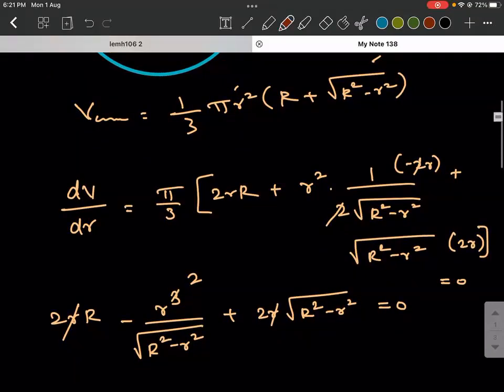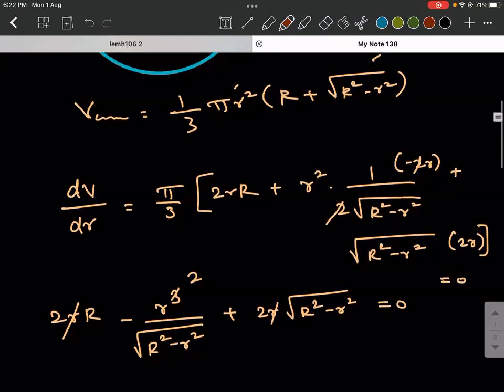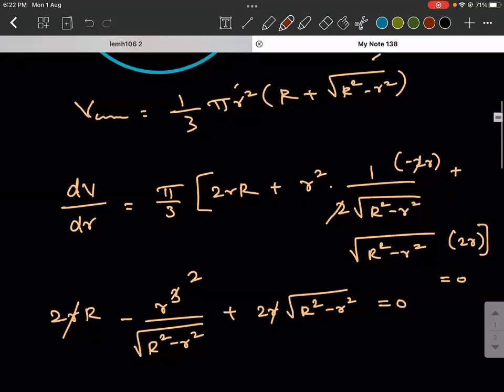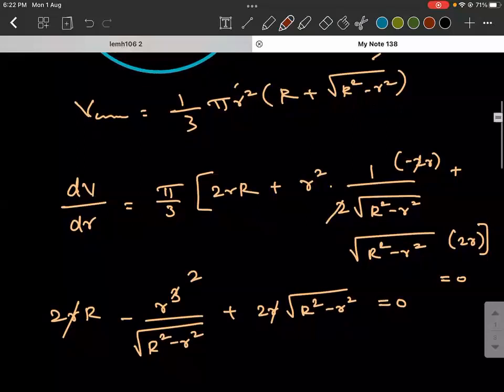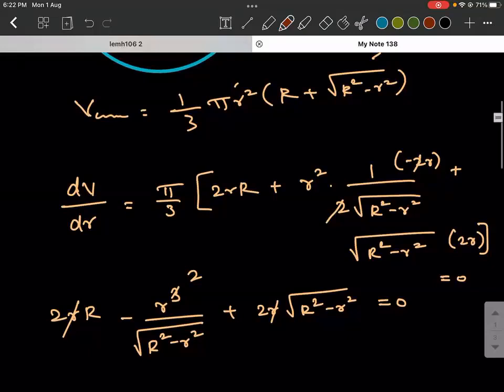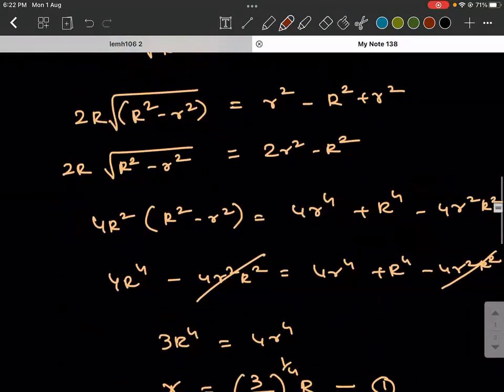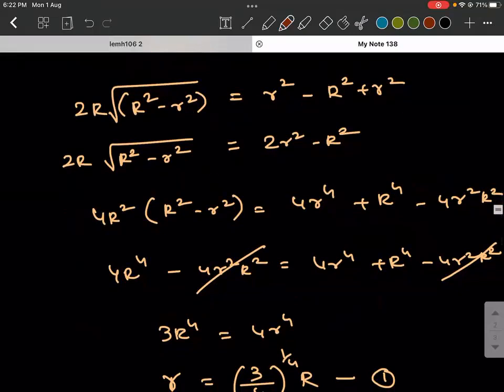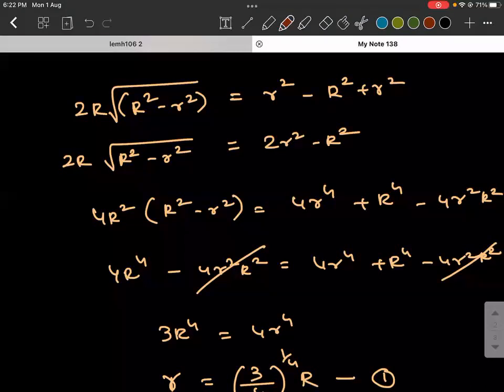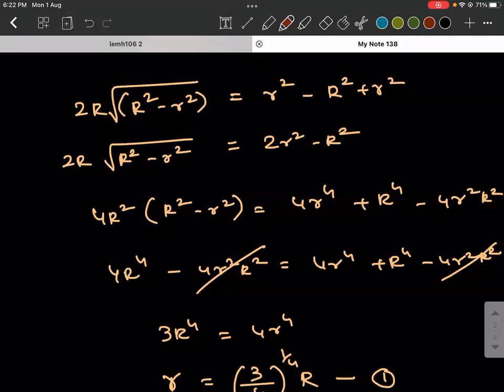Clear? Let me check if this is right. 4R power 4 minus 4 small r square capital R square is equal to, they got 9r square plus 4R power 4.